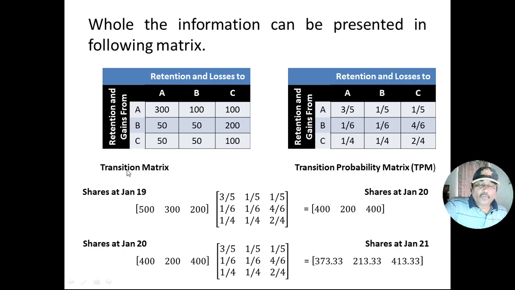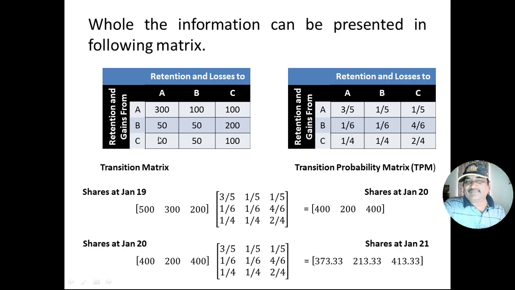Now we know that there were 500 customers of A, 300 customers of B, and 200 customers of C. Now, this is the dynamics of switching going on in between various companies.